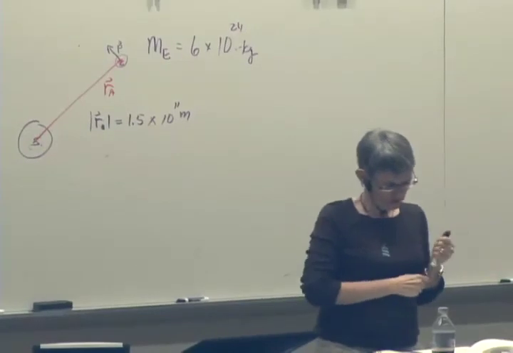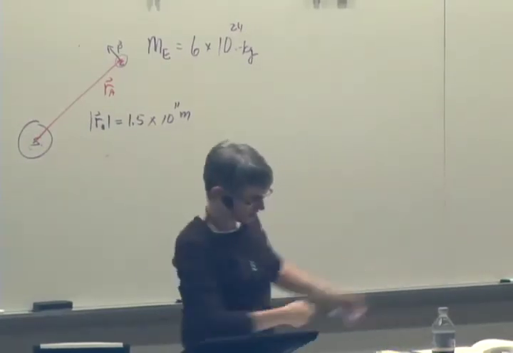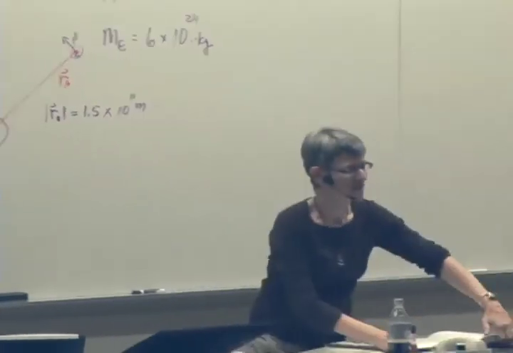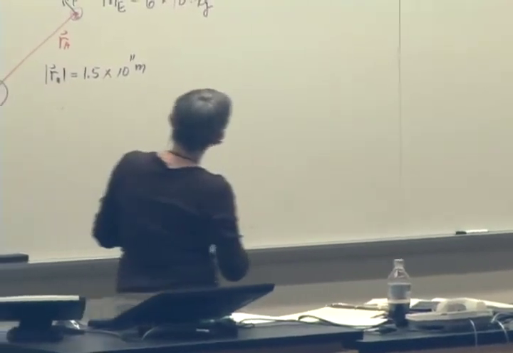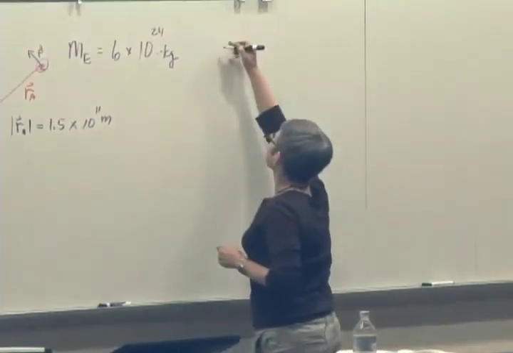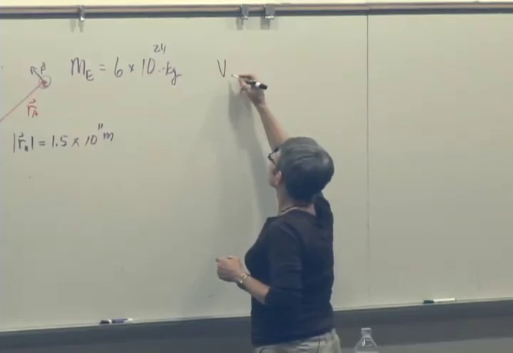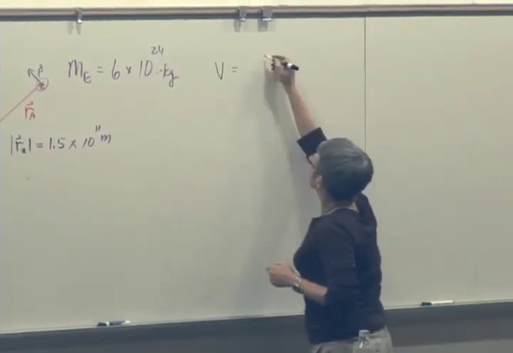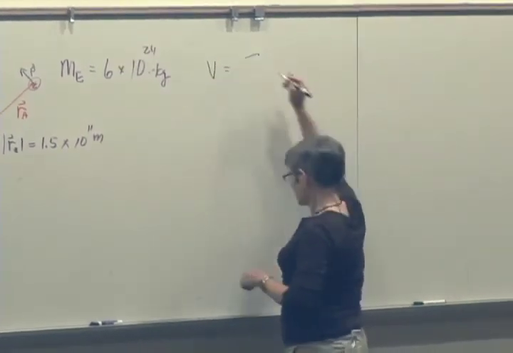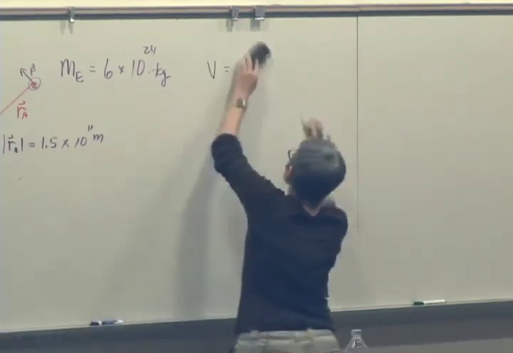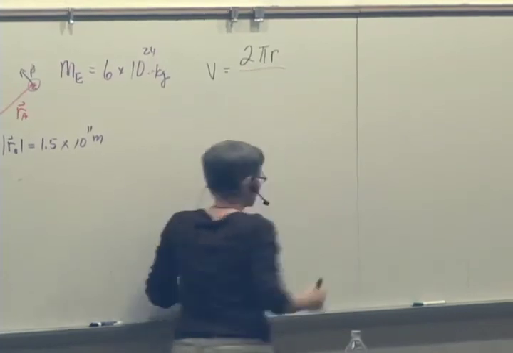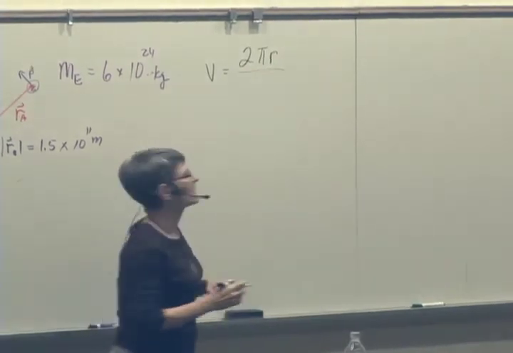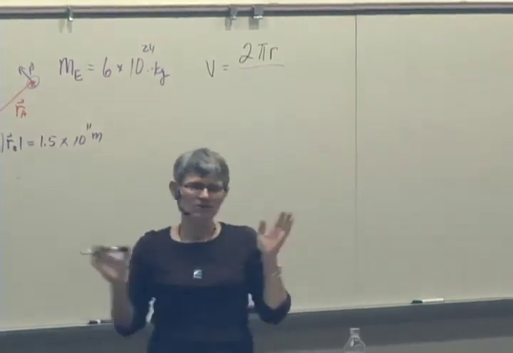Oh, the speed. Oops. It's not in here. How do we get the speed? It goes all the way around. Okay. So the speed is going to be 2 pi r divided by 365 days.